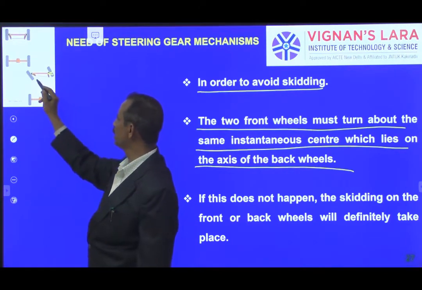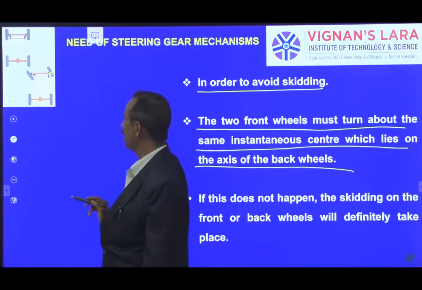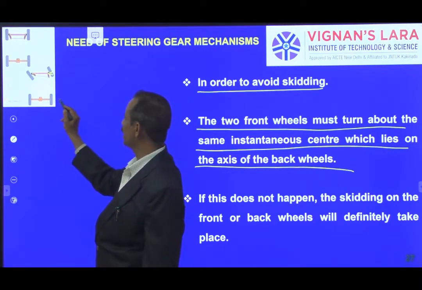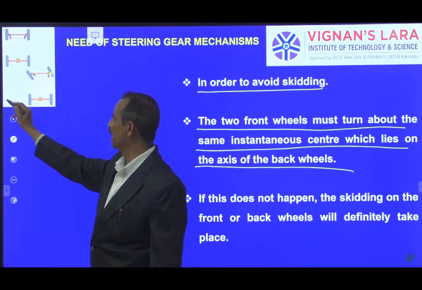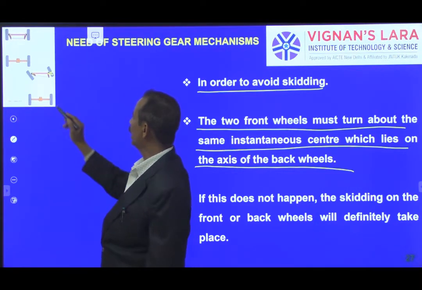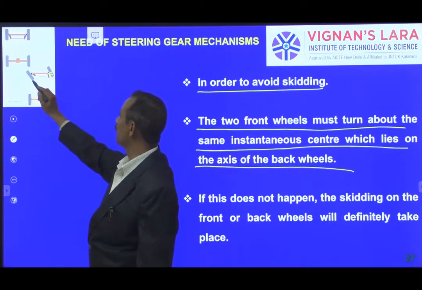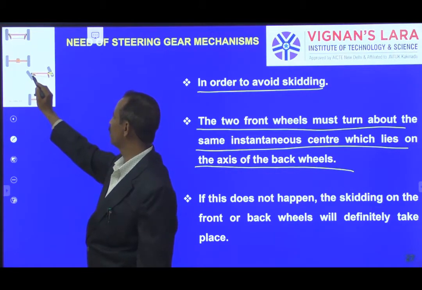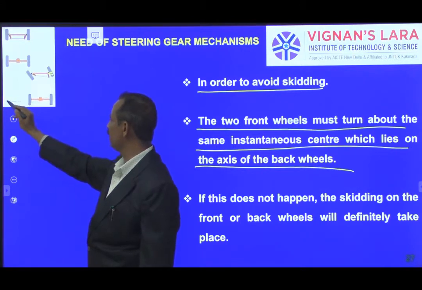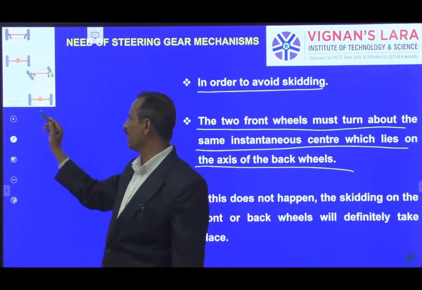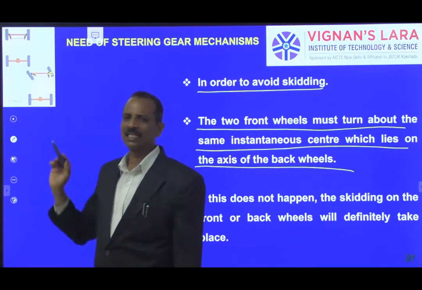Okay, when the vehicle is taking a left turn, the rear axle, if you extend the axis line, you get a line like this, and the two front tires, the axes, if you extend, these two axis lines will intersect at the rear axis line.